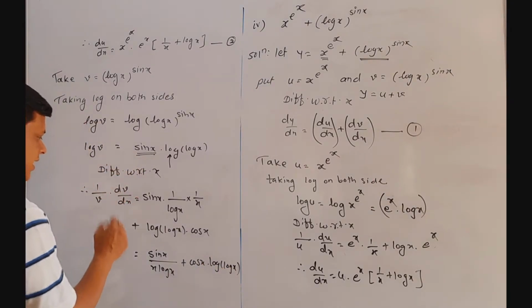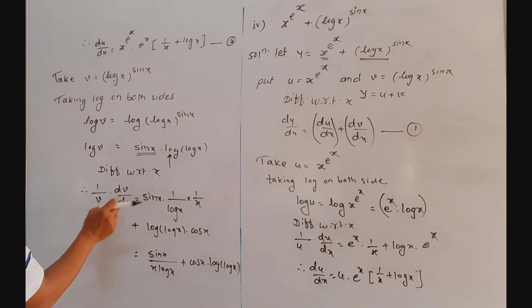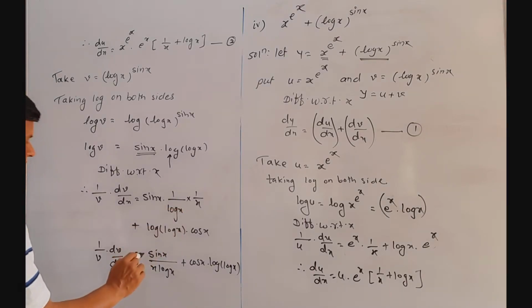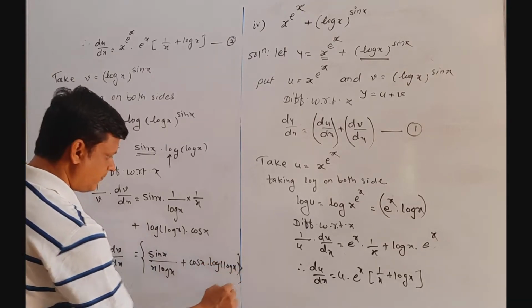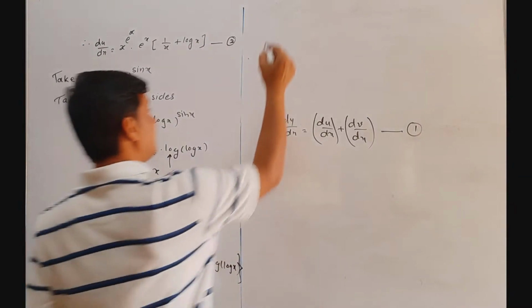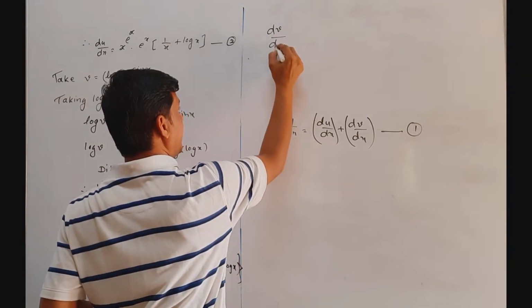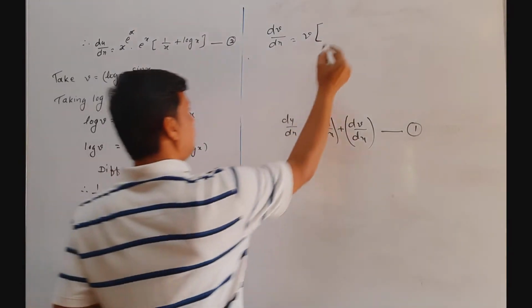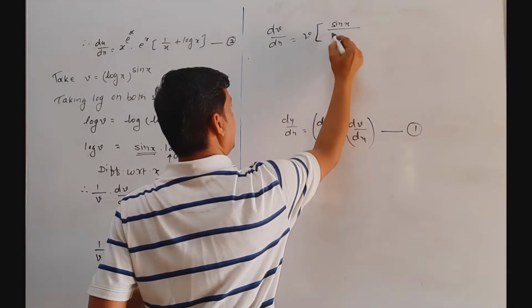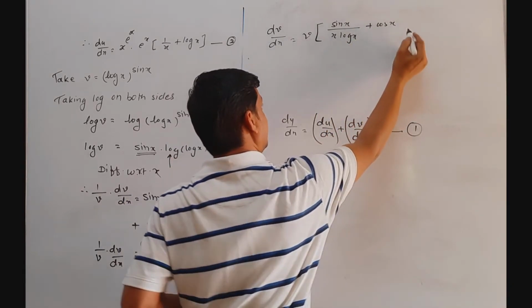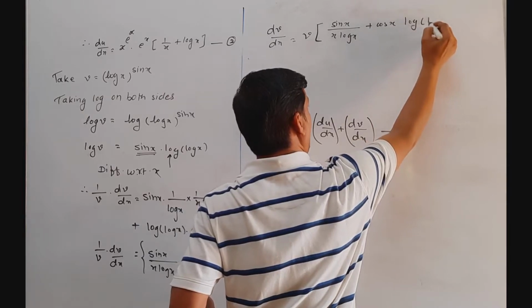Now we have to find dv by dx. This is the value of 1 by v into dv by dx. So we transfer this v to the right hand side. Here dv by dx is equal to v in bracket sin x upon x log x plus cos x into log of log x.